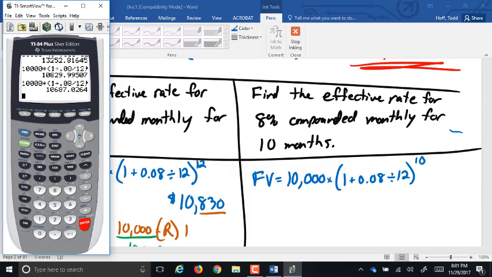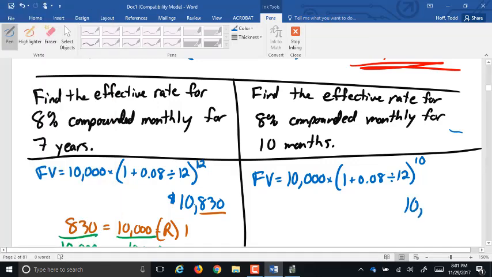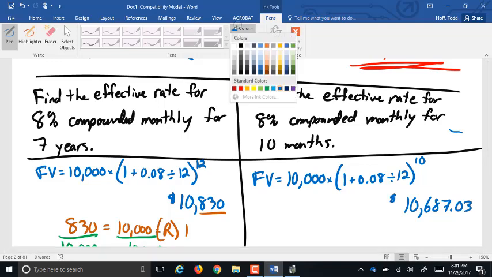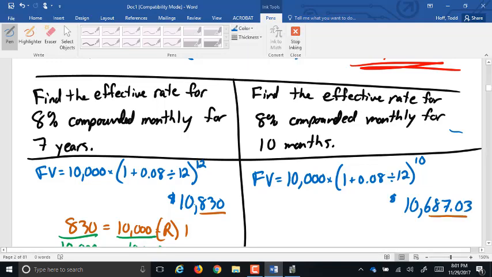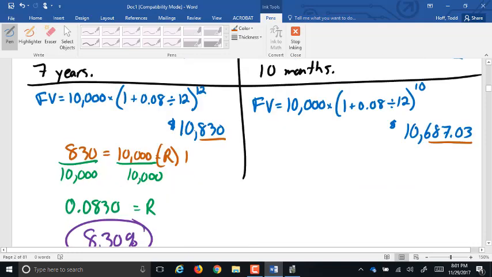So we get 10,687.03. So the interest, of course, is $687.03.